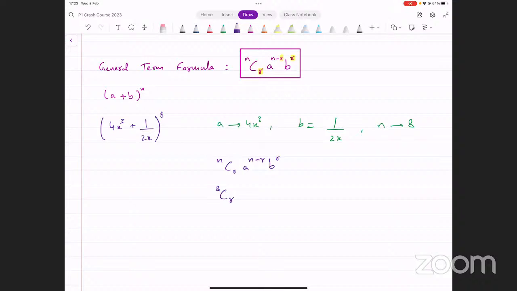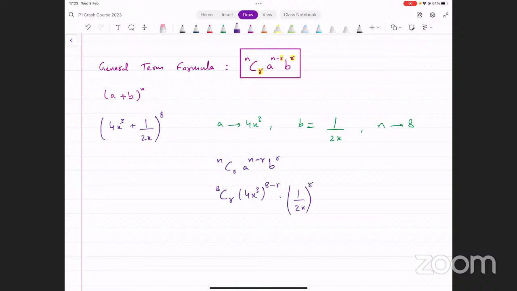r is unknown. We need to find that. But we know a and b as well. What's a? a is 4x cubed. 4x cubed raised to power n minus r. That's 8 minus r, into b. b is 1 over 2x whole raised to power r here.